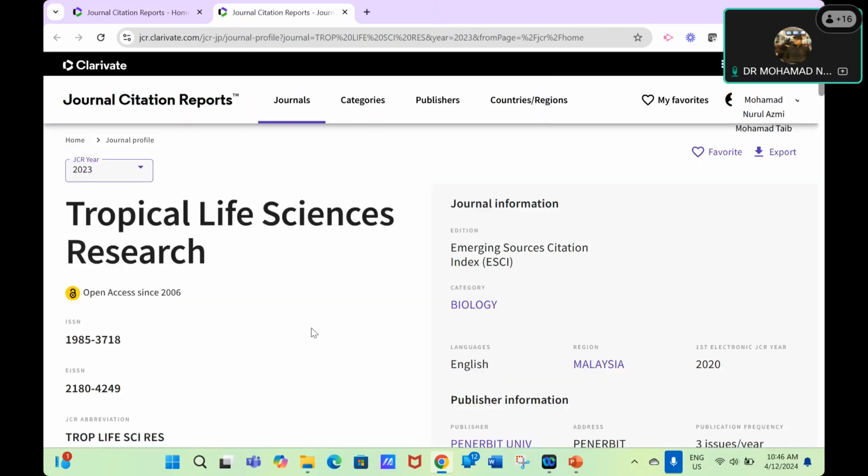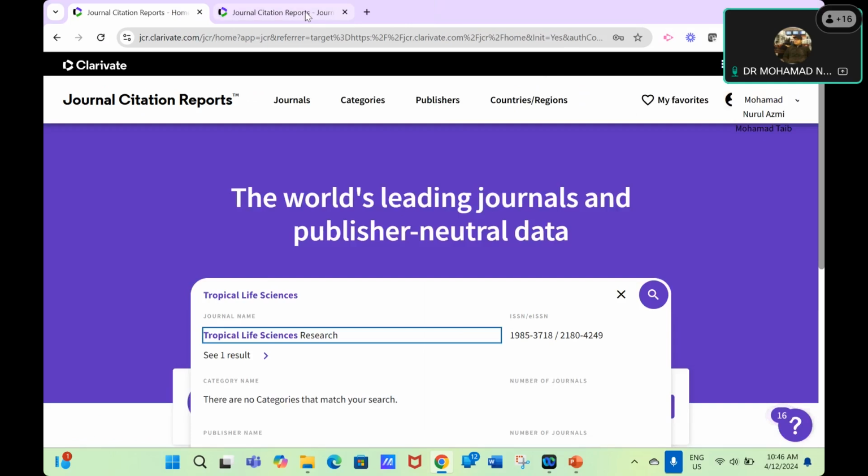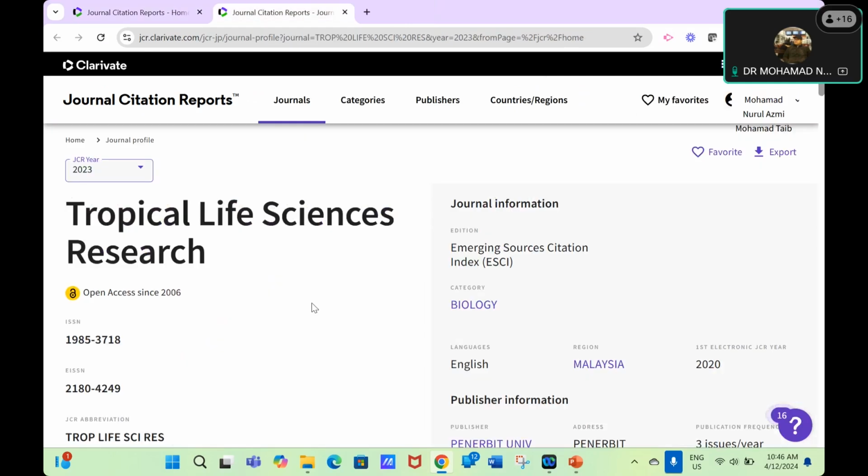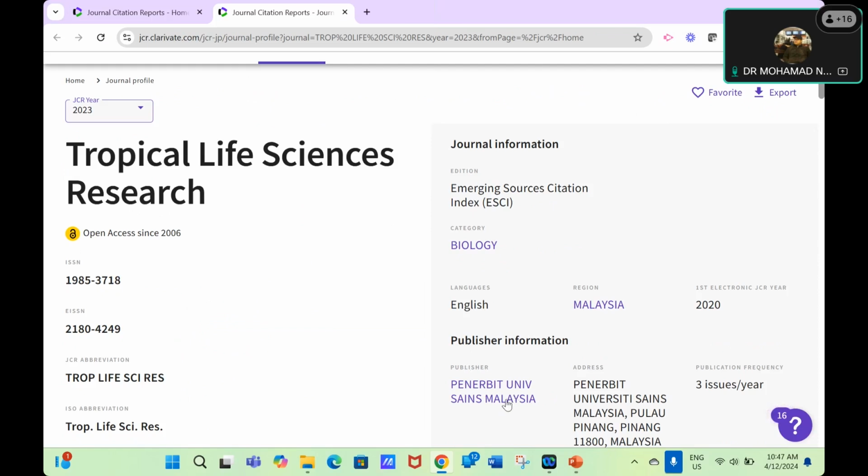Any journal that exists in this database, which is JCR, is ISI. They have two ranks. ISI is the first one, and Scopus is a bit lower compared to ISI. Tropical Life Sciences is owned by Penerbit Universiti Sains Malaysia, or USM Publishers.